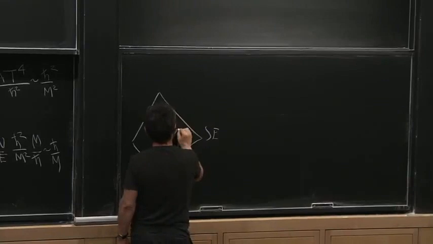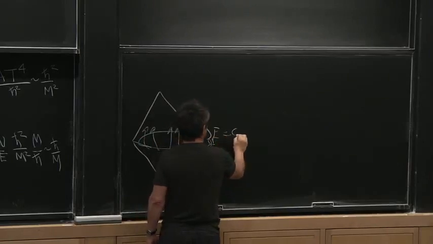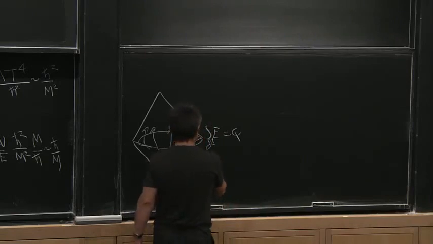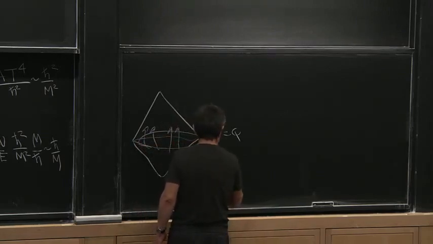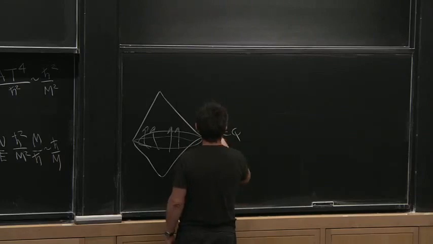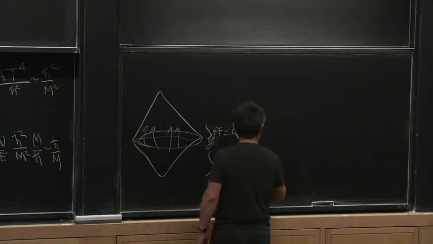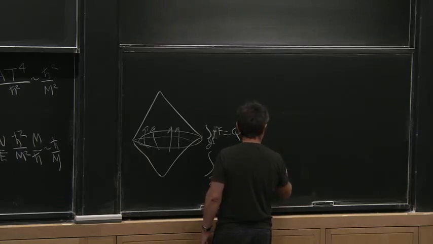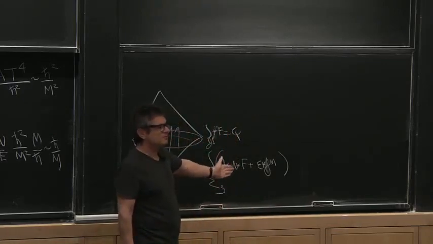Suppose we have a bunch of charges here, and we write the integral of electric field at scri plus minus is equal to total charge Q. Then we can introduce any function epsilon, and we can write this as, let's take a space-like surface sigma, the integral over a three-dimensional space-like surface sigma of d epsilon wedge star F plus epsilon star d star F, which is just, of course, the dual of the electromagnetic current J, where epsilon is absolutely any function that goes to 1 at infinity. This is a true formula for any epsilon.